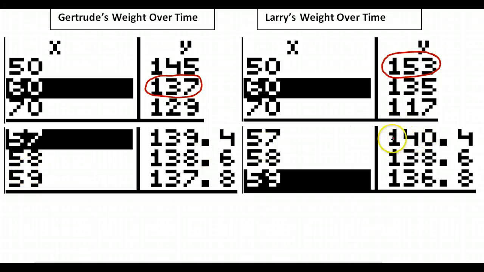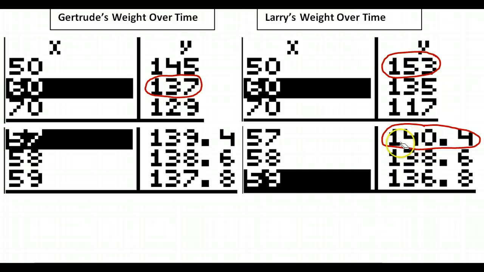Alright, so we can see, looking at 57 weeks, who weighed more at 57 weeks? Not by much, but at 57 weeks, Larry still weighed more. 140.4 compared with 139.4. Alright, Larry still weighed more. I probably shouldn't have circled this one.